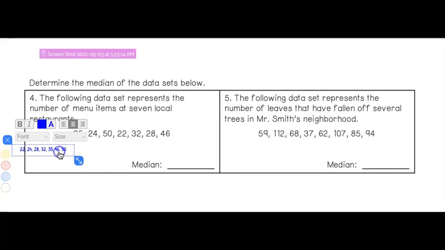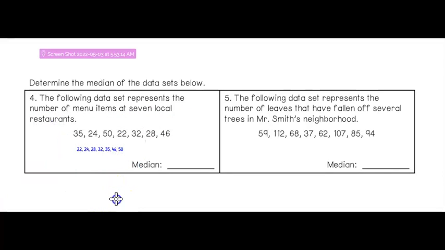All right, so let's move those. Now you can see these 1, 2, 3, 4, 5, 6, 7 numbers ordered from least to greatest. So now we can find that middle number that we're looking for.